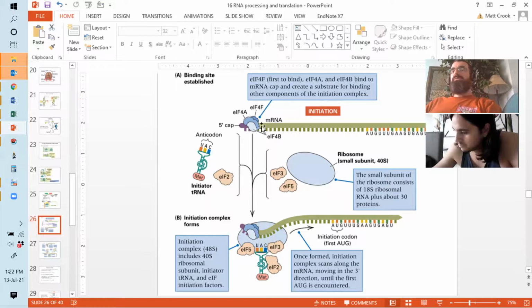These recognize that end of a transcript, wherever that may be out in the cytoplasm. And those then recruit all the other components, bar the large subunit.